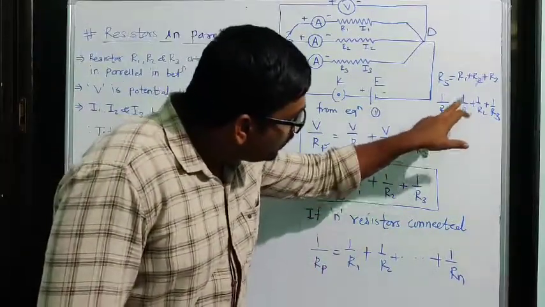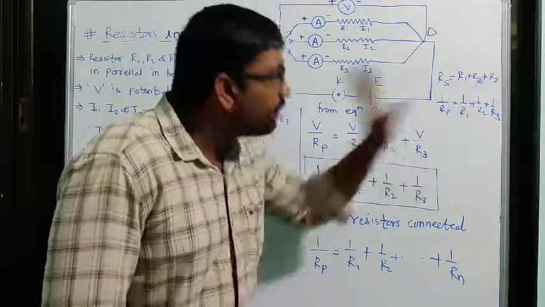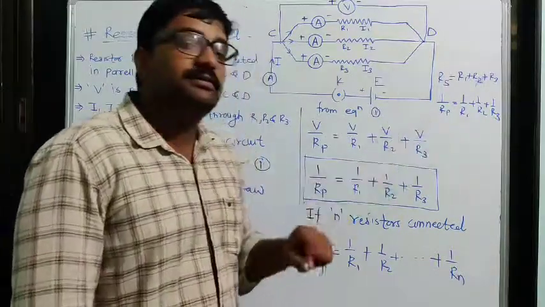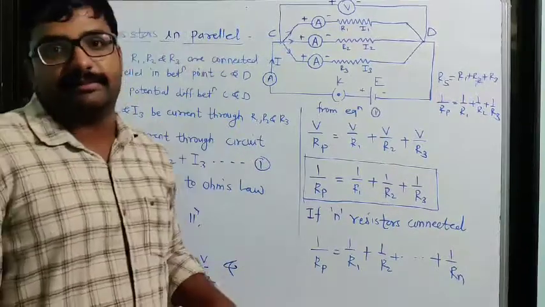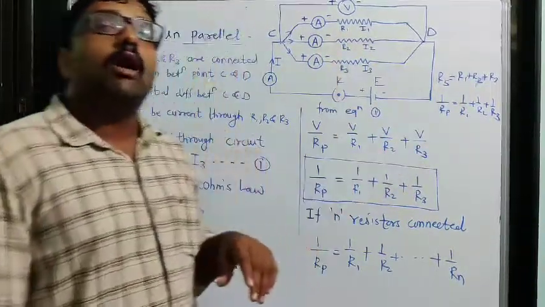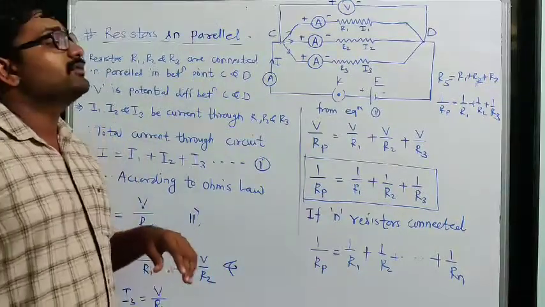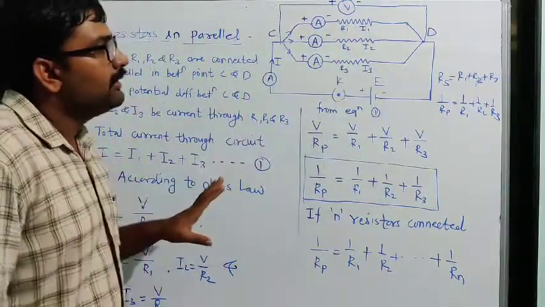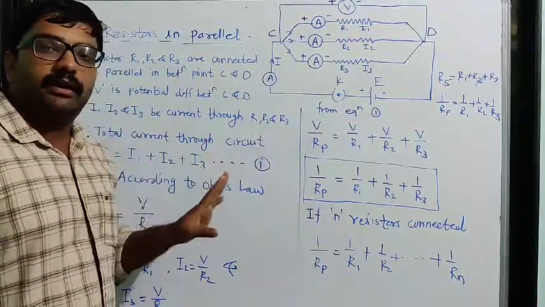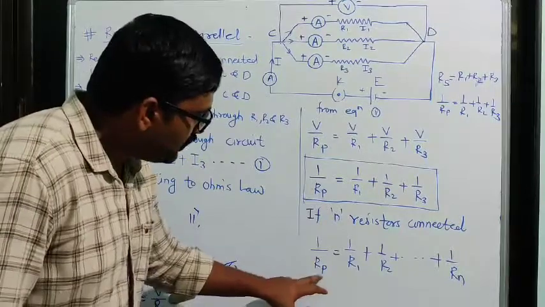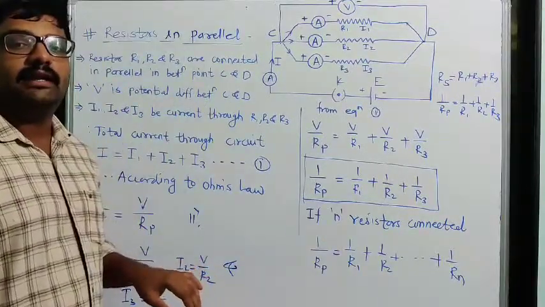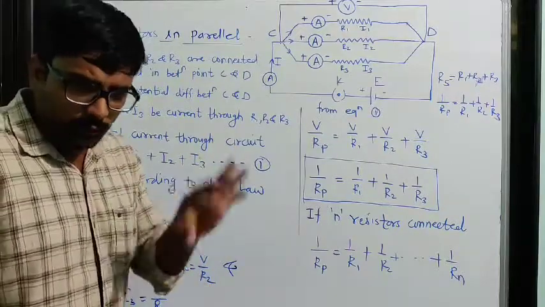But here we take the addition of the reciprocals of each resistor. So in the case of parallel connection, the resistance decreases if we increase the number of resistors. This is the equation of resistance when they are connected in parallel.